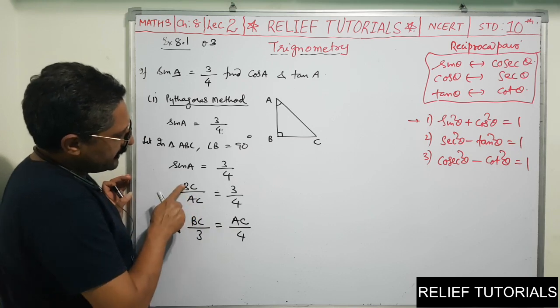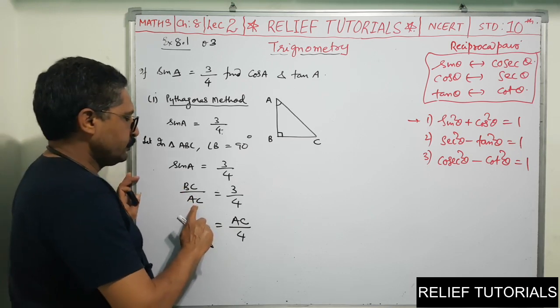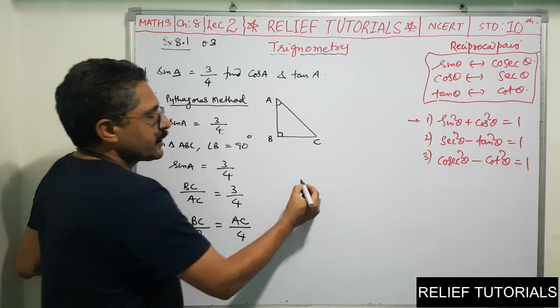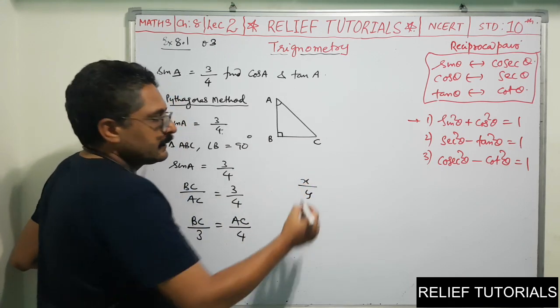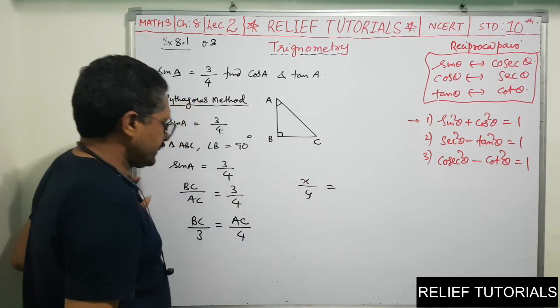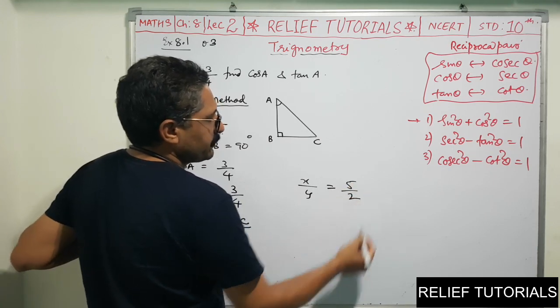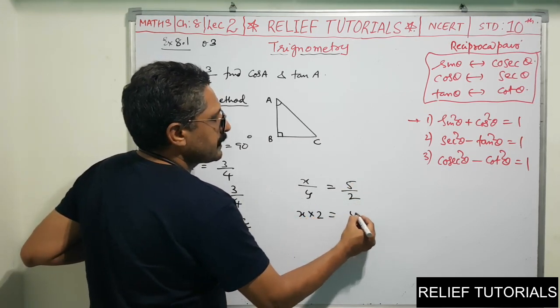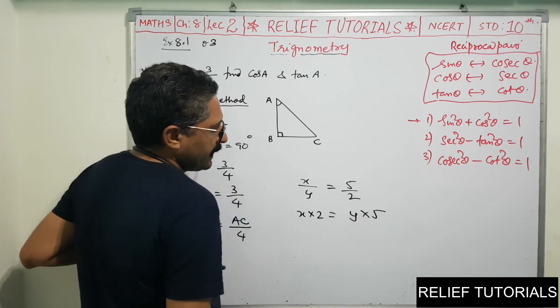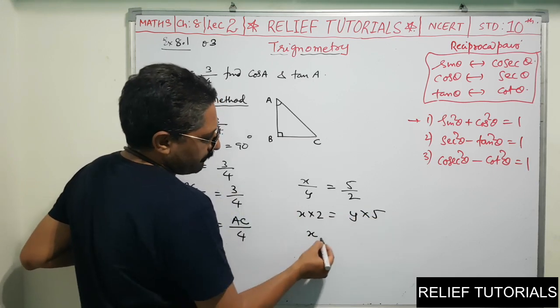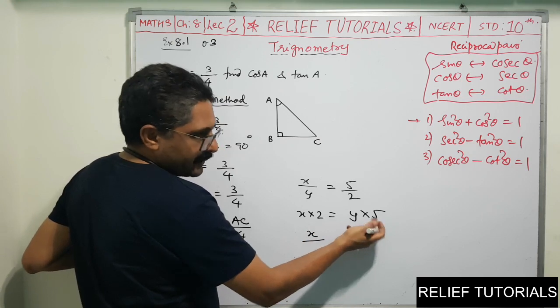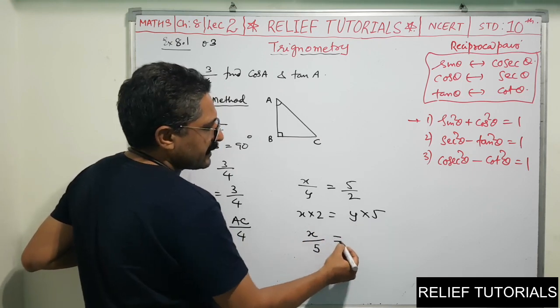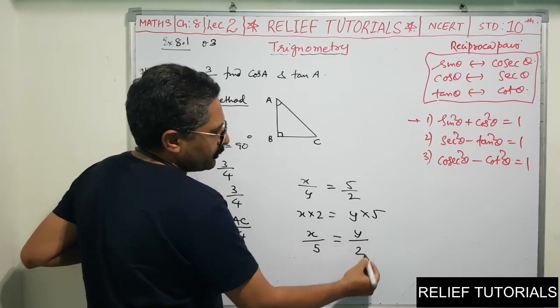How we have done: this is BC, this is AC. So these two terms, if you know a ratio x upon y, say x upon y is equal to 5 by 2, I will write x into 2 is equal to y into 5. I can write x upon 5 is equal to y upon 2.